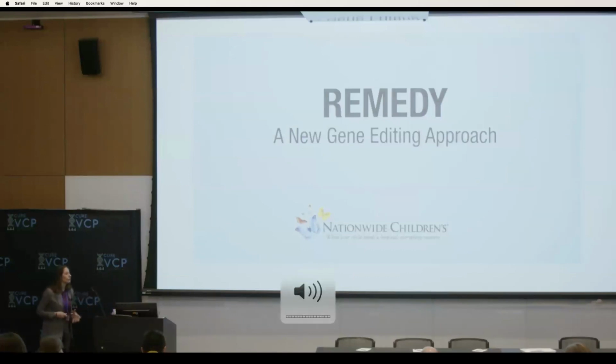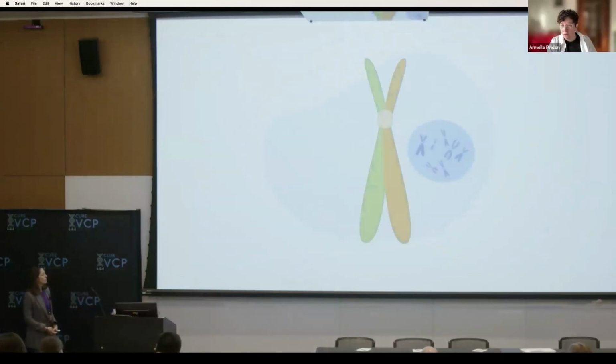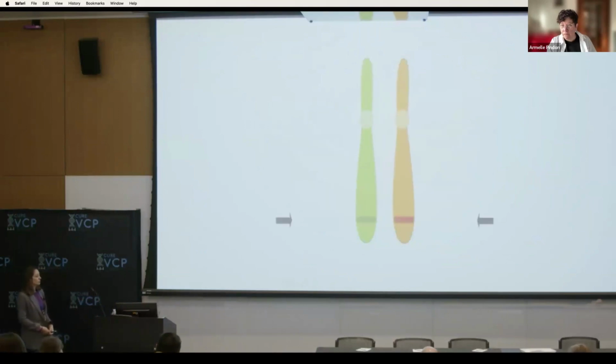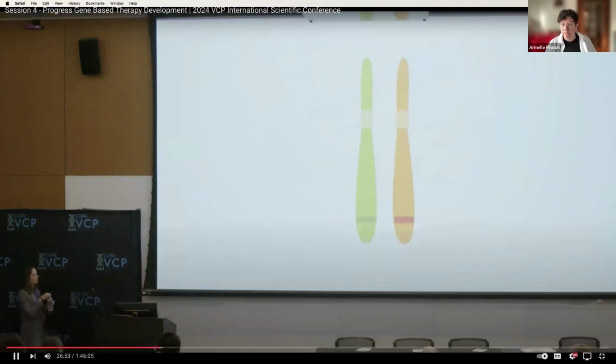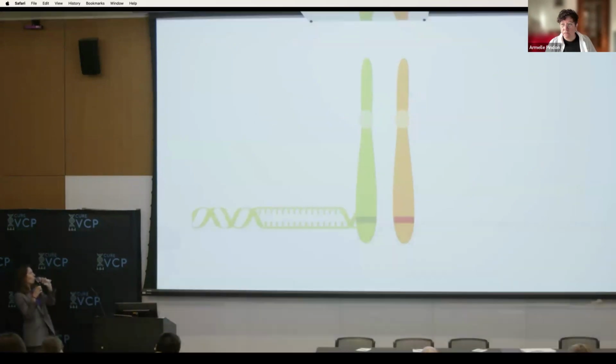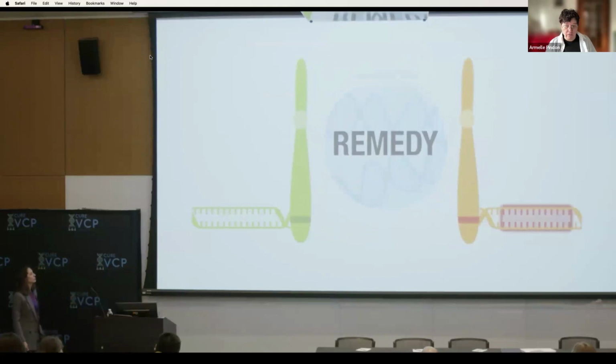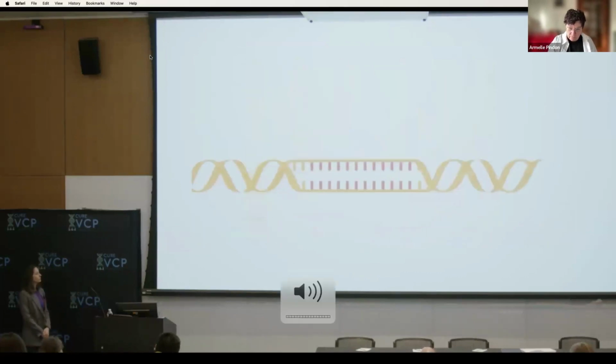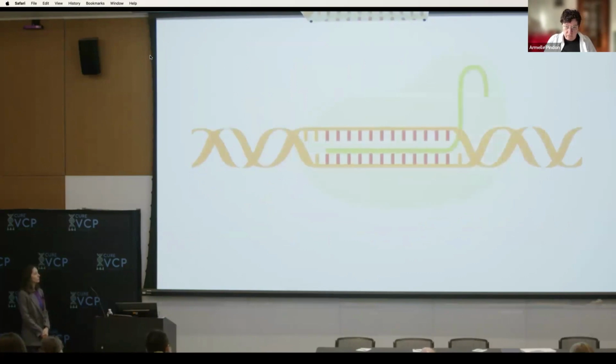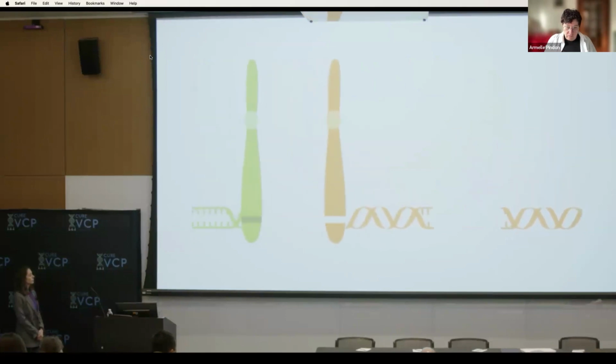It's kind of low. Your cells contain chromosomes from each of your parents. These chromosomes carry different versions of the same genes. Sometimes when a person inherits a healthy gene from one parent and a mutated gene from another parent, they develop a genetic disorder. Remedy is a new gene editing approach that can help cells repair mutated genes in cases where the cell contains both a healthy copy and a mutated copy. Remedy uses CRISPR, a gene editing tool, to cut out the mutated gene. CRISPR is very targeted and only cuts the specific sequence the researchers tell it to cut.